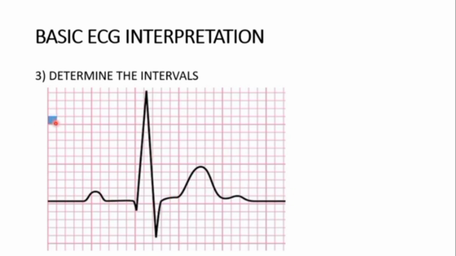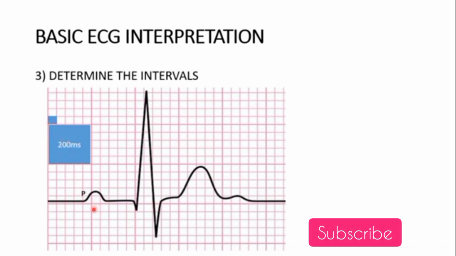In a big box, there are 1, 2, 3, 4, 5 small boxes on the x-axis. So 40, 80, 120, 160 and 200 milliseconds. One big box, equal to 5 small boxes, is 200 milliseconds.